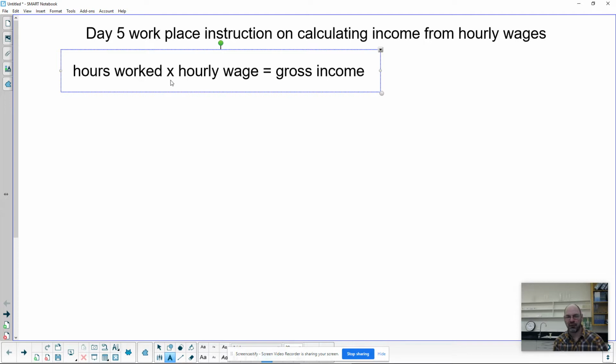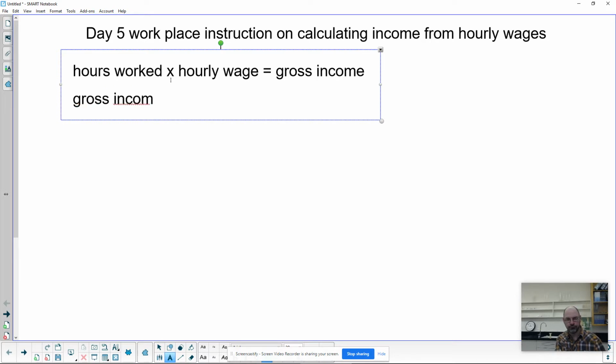Now, if you're going the other way, if you're given your gross income, you can divide it by the hours worked to get your hourly wage.